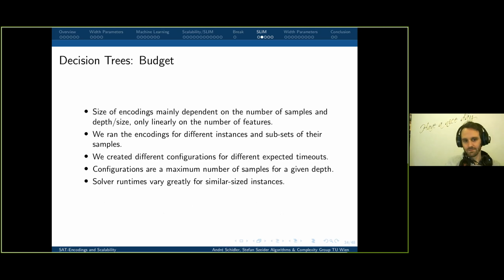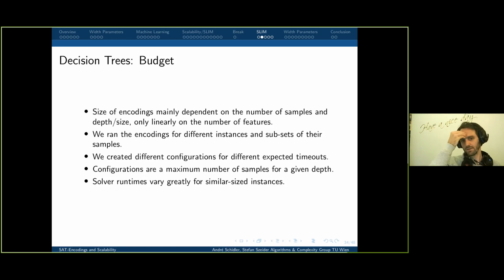Okay, so discussing these points with the example of what we did for decision trees in terms of the budget. The main driver of the encoding size, which is usually a heuristically decent measure for the runtime, is the number of samples and the depth or the size. And usually the number of features only linearly changes the encoding size.